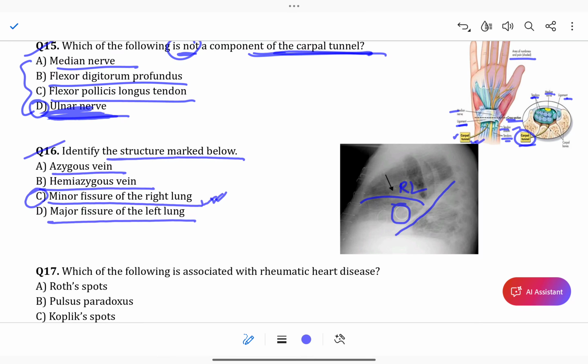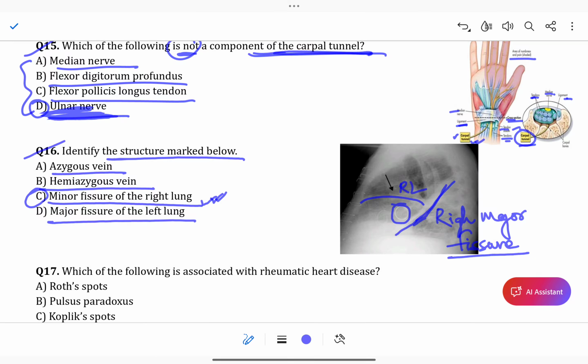And what is this? This is the right major fissure.